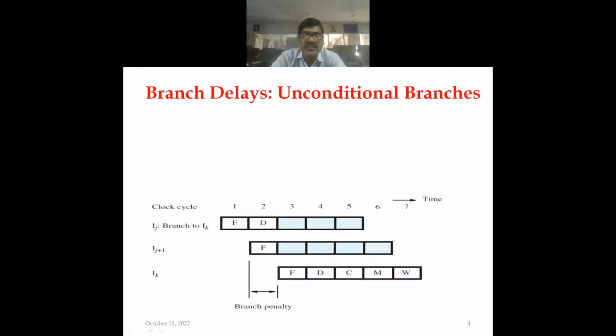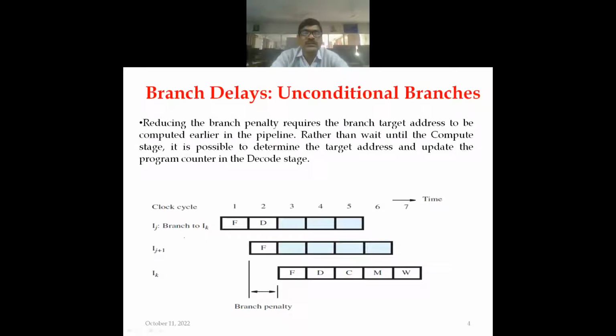Now, if we are able to compute the branch target address early, we can reduce this branch penalty.